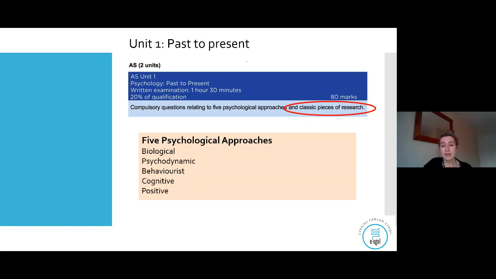And a really big element of all of the approaches is an evaluation. So you should have evaluated your therapy, and you also will have evaluated the whole of the approach. And your comparison questions take an element of that evaluation. So it's definitely looking at an AO3 skill, as well as understanding your actual knowledge of the approach as a whole.